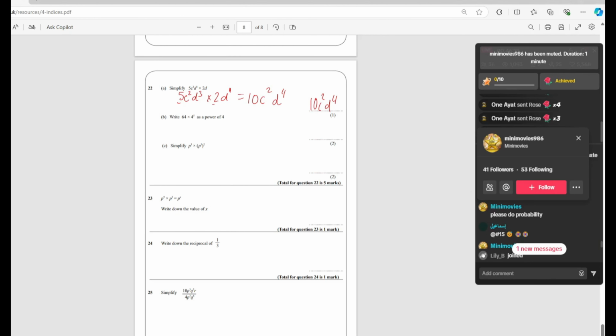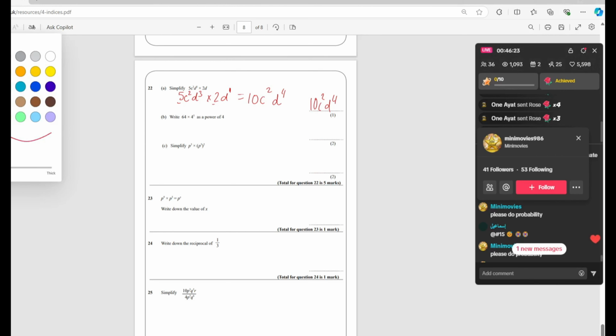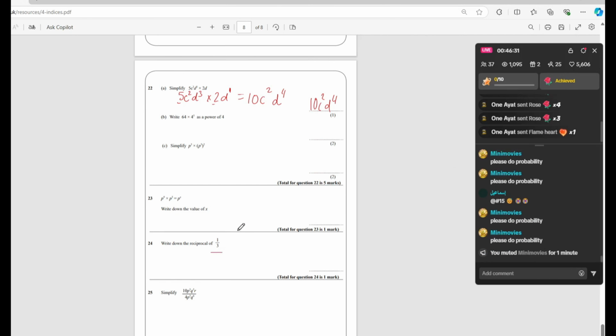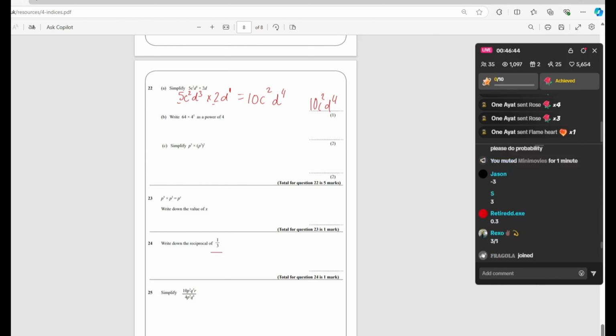So I'm going to quickly jump to this question. I'm curious if you know this. Can someone tell me what the reciprocal of 1/3 is? I just want to see if you know what reciprocal actually means. So what would be the reciprocal of 1/3? And please simplify the answer. Yeah, I'm getting lots of different answers.